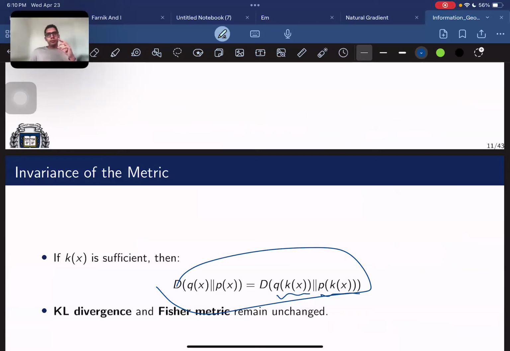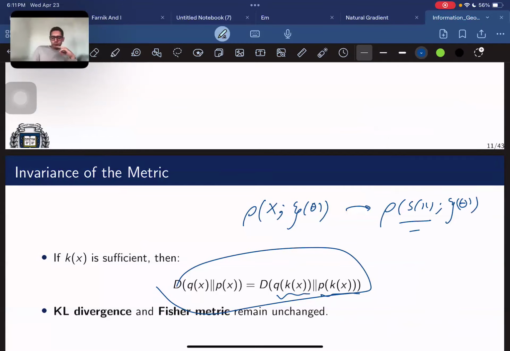So for the whole information geometry, you can reduce the manifold. Instead of talking about x, you can talk about Sx, which is the sufficient statistics of x at each point.